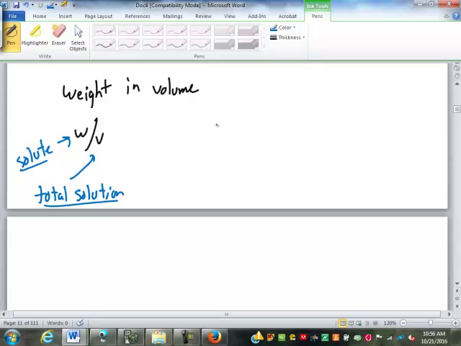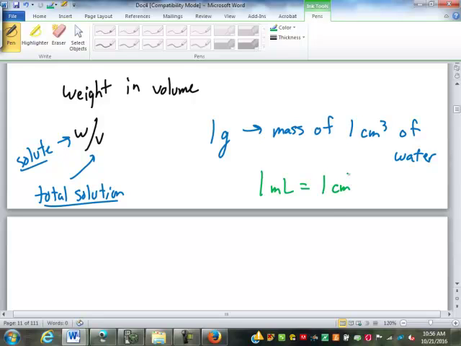But in the metric system, 1 gram is defined to be the mass of 1 cubic centimeter of water. If you recall, 1 milliliter is defined to be 1 centimeter by 1 centimeter by 1 centimeter. In other words, 1 cubic centimeter.